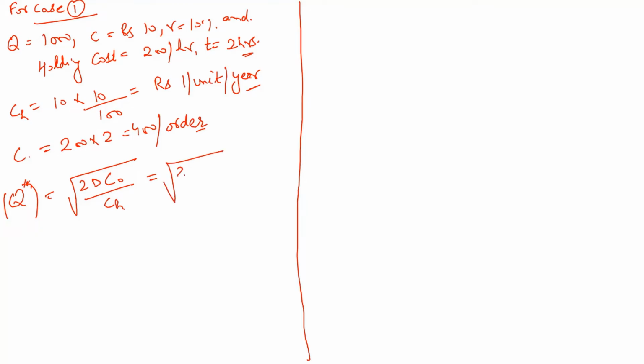So putting the values, 2 into 1000 into 400 divided by the holding cost, it comes to near 894.42 units, right?